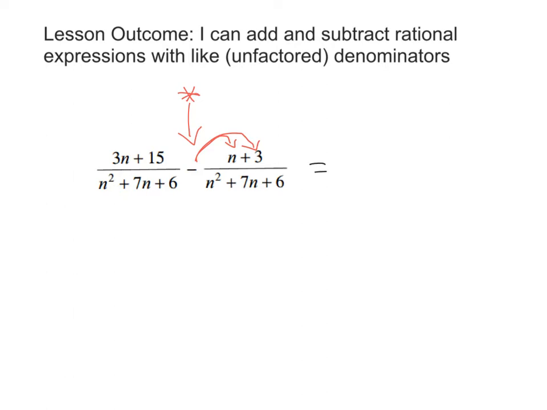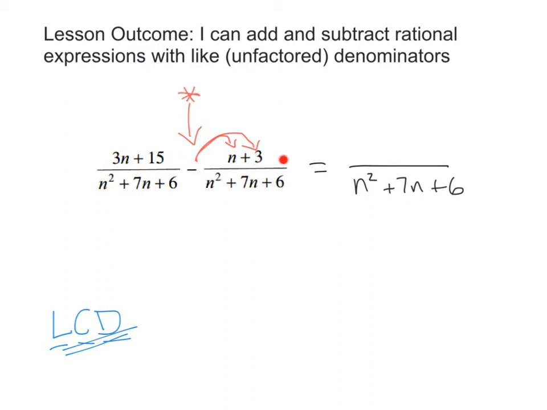So we know that the denominators are like denominators, so we have an LCD, or a least common denominator. That's a term we're going to use a lot in Algebra 2. The LCD is the least common denominator, and right now we do have a common denominator, so we're good to go with that. And we can go ahead and write n squared plus 7n plus 6 right there.